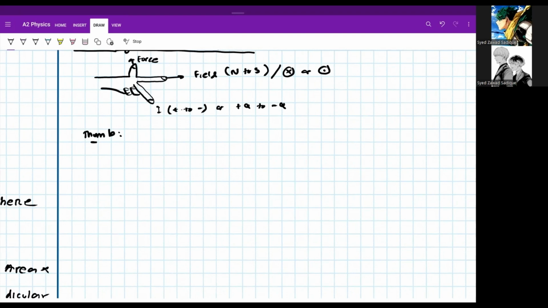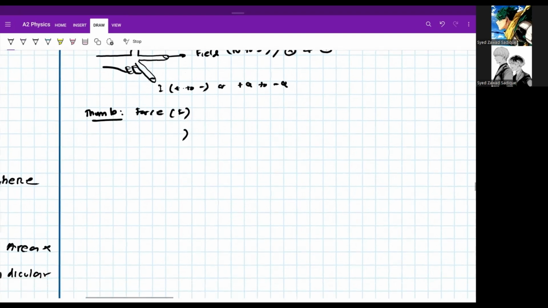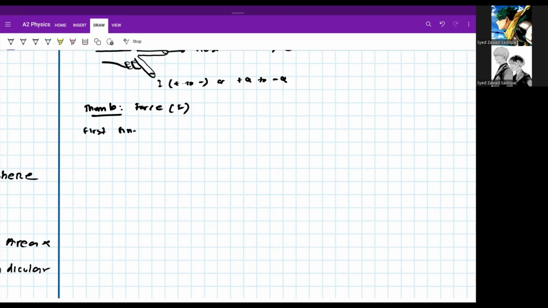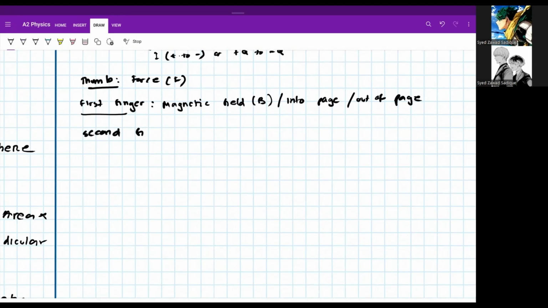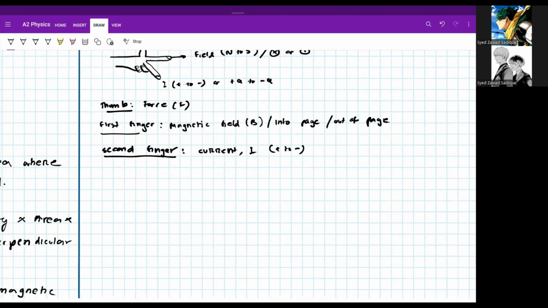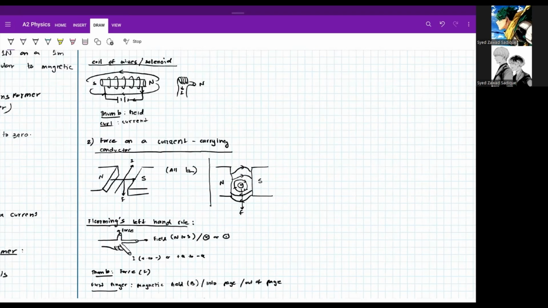Thumb is force F, first finger is magnetic field B, or into page, out of page. Second finger is the direction of current, I, positive to negative. Okay, so these are the few concepts that you need to work with magnetic fields.